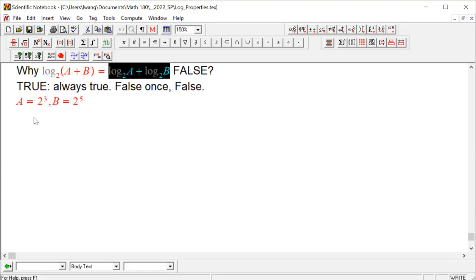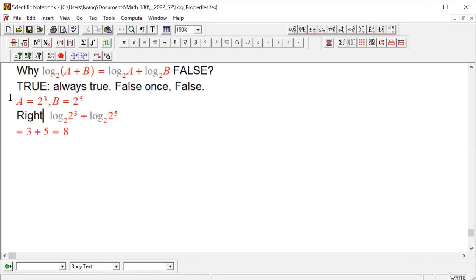I'm first going to look at the right. With A equal to 2 to the power 3 and B equal to 2 to the power 5, I can very quickly realize, by definition, the first one is 3 and the second one is 5. So the right-hand side equals 8.